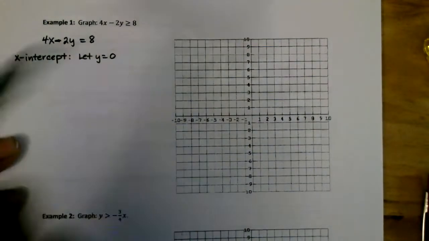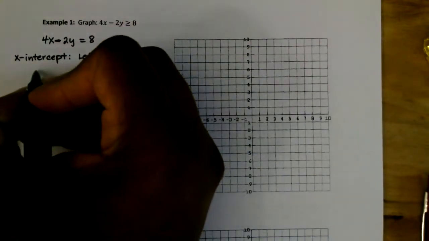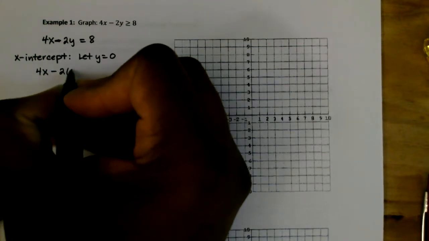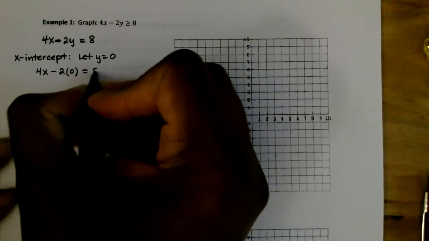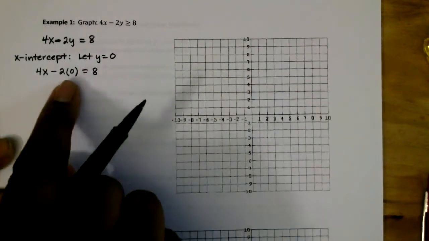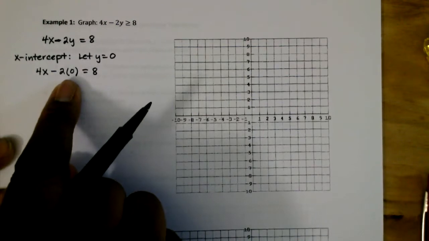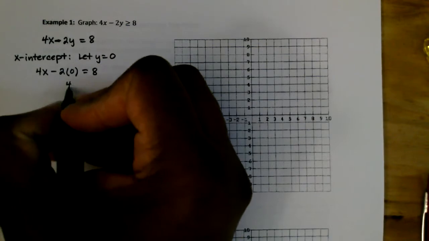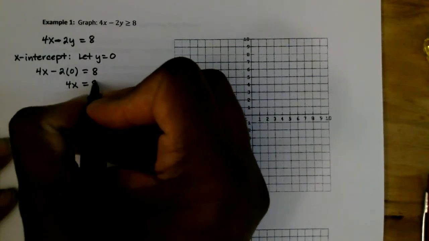So I'm going to substitute 0 in for y in that equation and find out what x is going to be. So this will be 4x minus 2 times y, which is 0, equals 8. When I do that, 2 times 0 ends up being 0, so you're left with 4x equals 8.